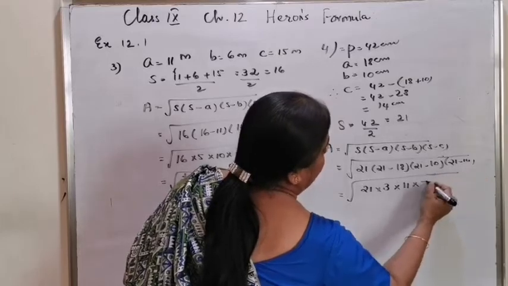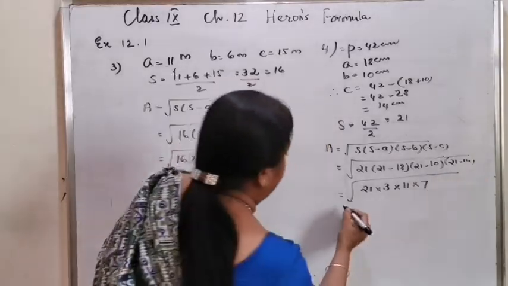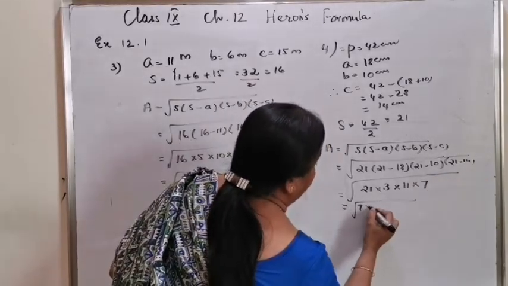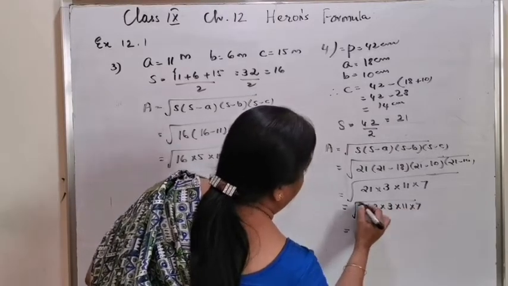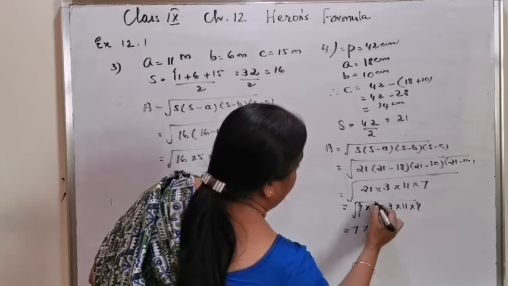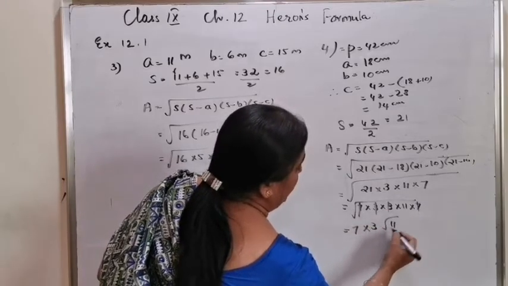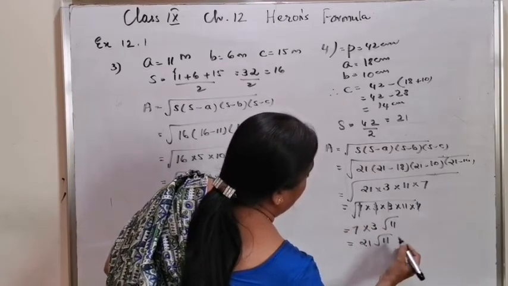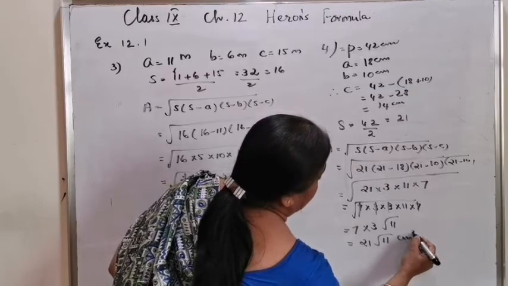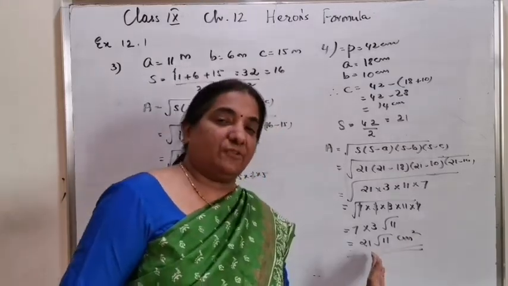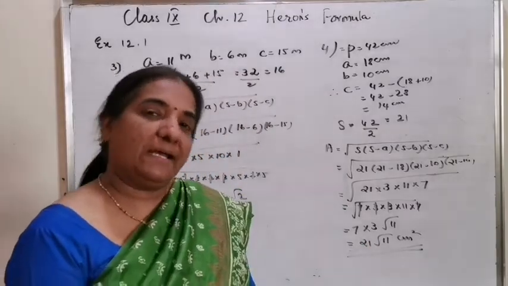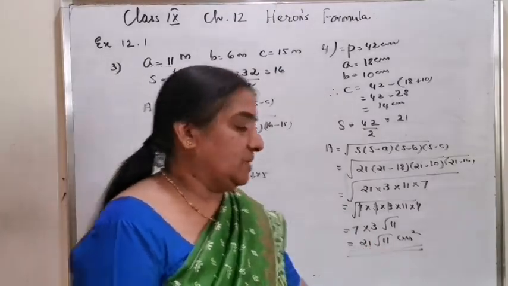And 21 minus 14 is 7. This can be written as 7 into 3 into 3 into 11 into 7, which gives 7, 3 and root 11, or it is 21 root 11 centimeter square. When in the exam the values are given for this irrational number, you multiply, otherwise leave it as 21 with the irrational factor.